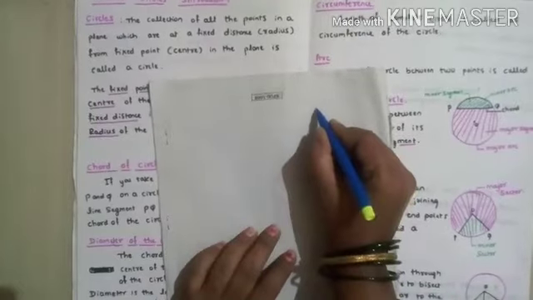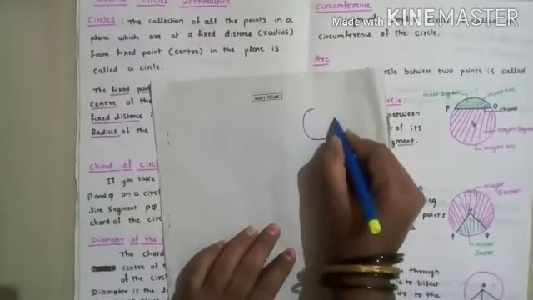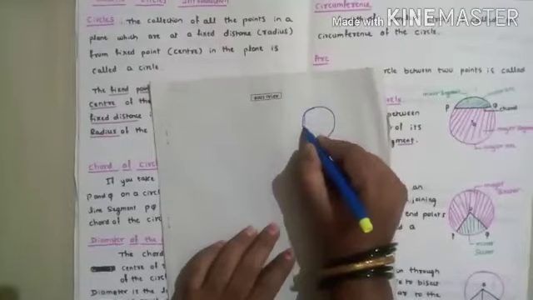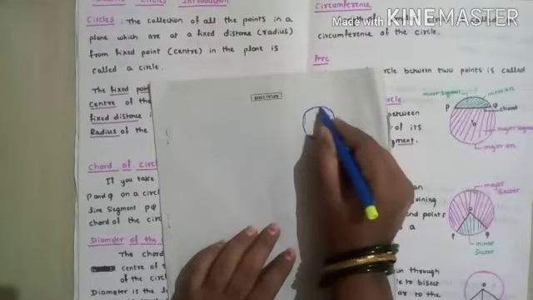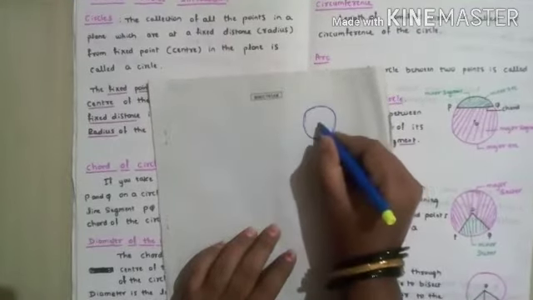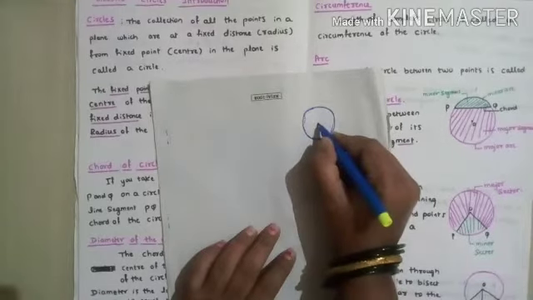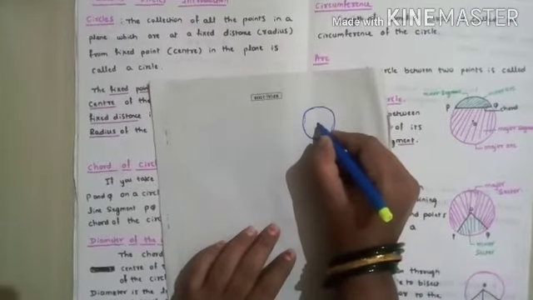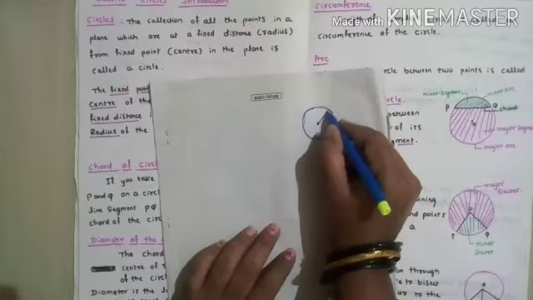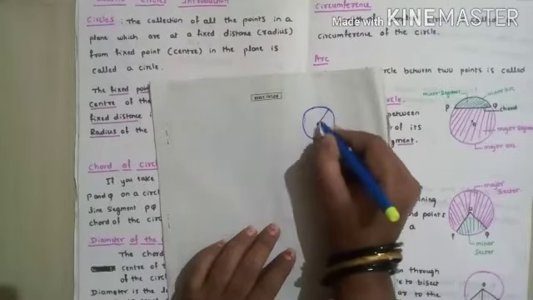Means we have to collect some points. The circle is made up of some points like this. All this circle is made up of some points, the collection of all the points at a fixed distance from the fixed point. This is the fixed point. These points are at a fixed distance from the fixed point.